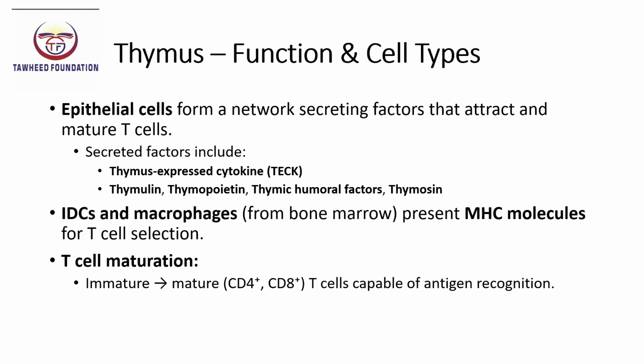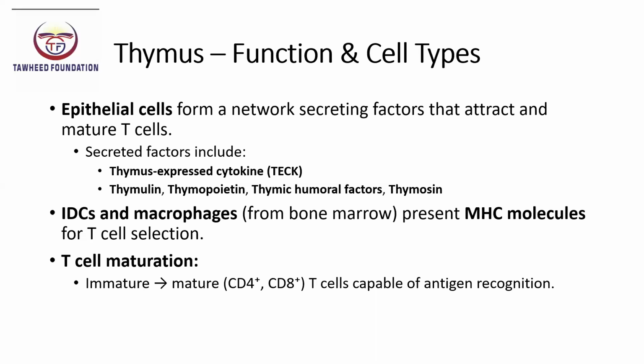Within the thymus, T cells undergo two critical selection processes. First is positive selection, ensuring T cells can recognize self-MHC molecules, and second is negative selection, eliminating those that react strongly to self-antigens.